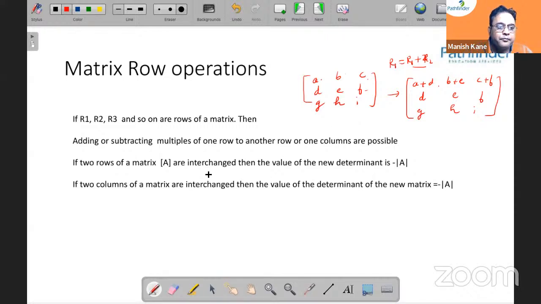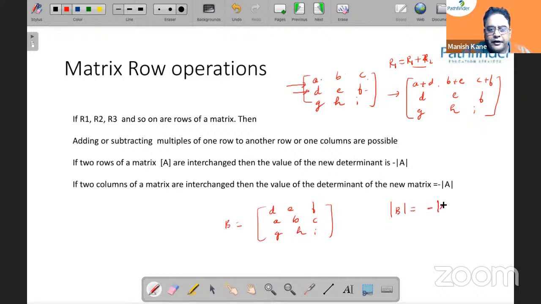But if two rows are interchanged, suppose I interchange these two rows and get D, E, F, A, B, C, and G, H, I, this is a new matrix B. Then the determinant of B will be the negative of the determinant of A, assuming this is matrix A. So if you interchange two rows, the determinant of the new matrix will be the negative of the determinant of the old matrix. Similarly, if you exchange two columns, the determinant of the new matrix will be the negative of the determinant of the older matrix. This is something you need to remember.